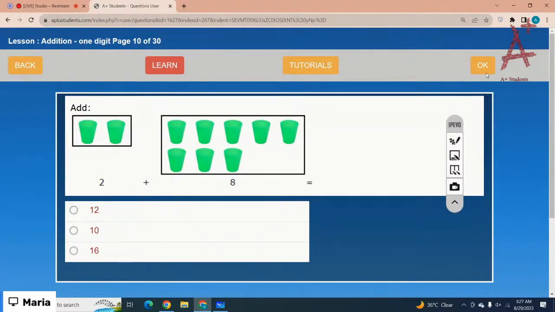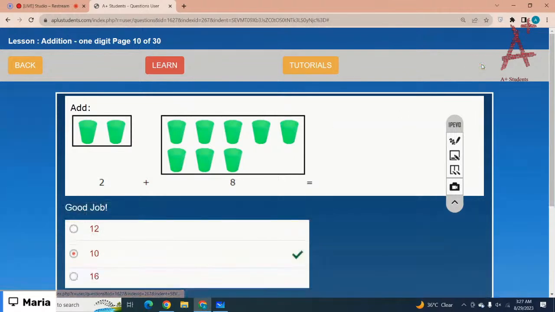The next one is 8 plus 2. So 8 plus 2 makes 10. So the correct option is 10.